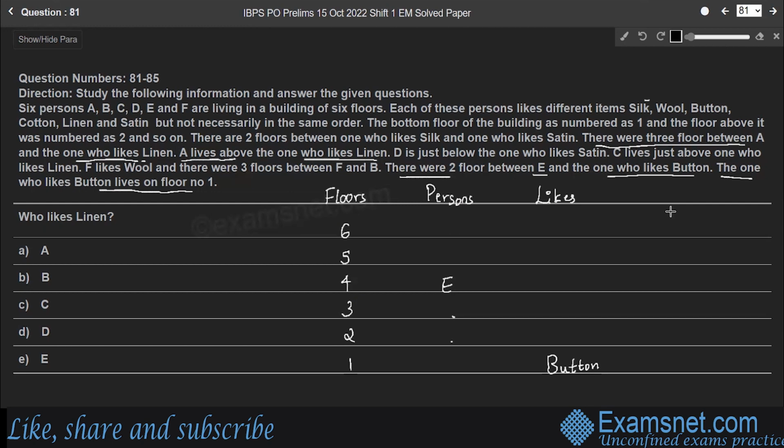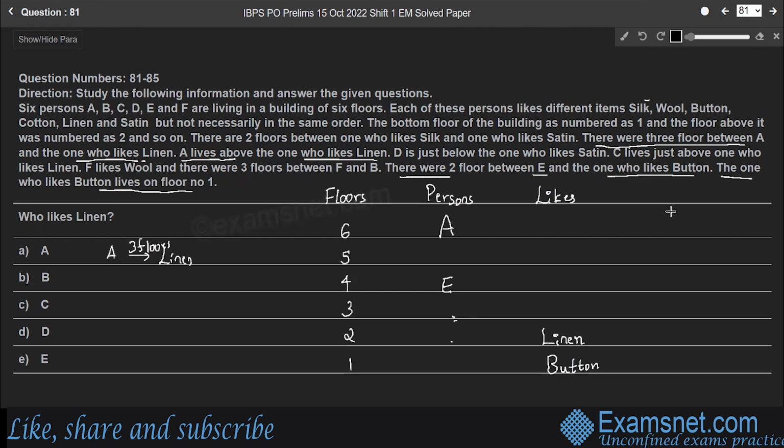Therefore, A lives on the 6th floor, and with 3 floors between A and the one who likes linen, the one who likes linen lives on the 2nd floor.